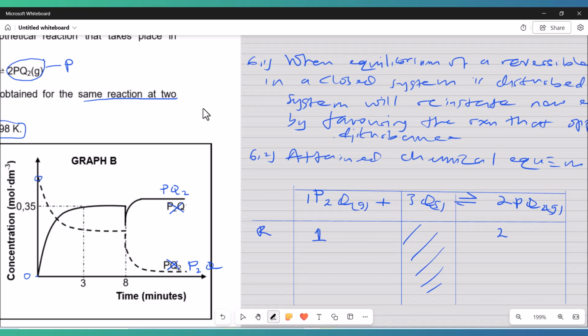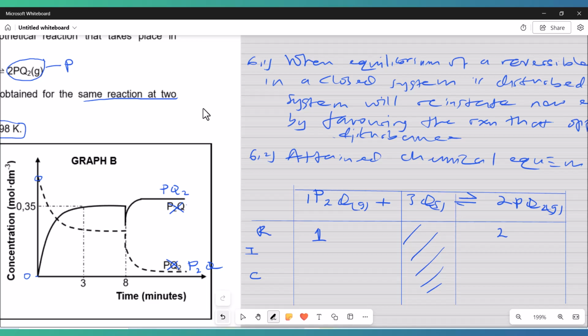Now what I'm going to put here is the initial concentration. Then I'm going to have the change here, and then the one at equilibrium.